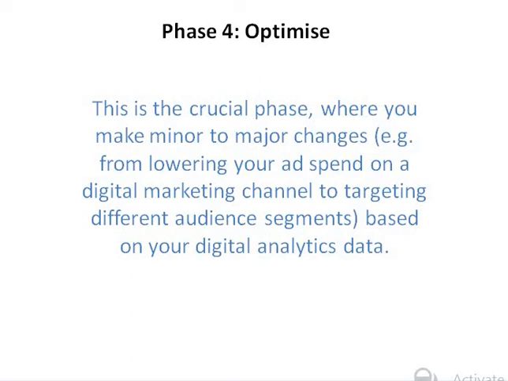Now the next topic is understanding user behavior. That is quite important. As I said, in optimization we can even change our target segment. So we have to understand user behavior.